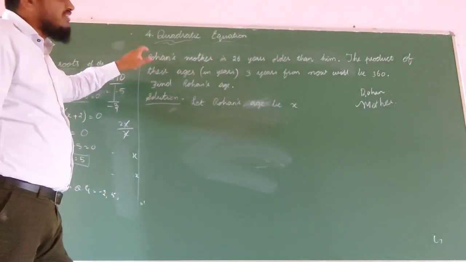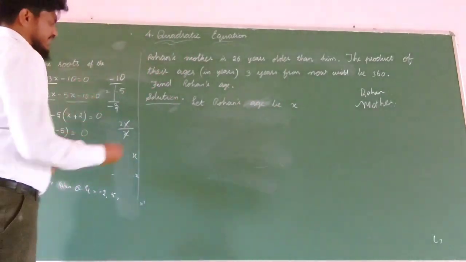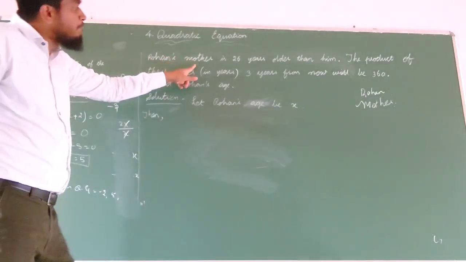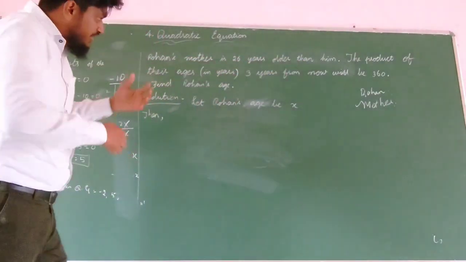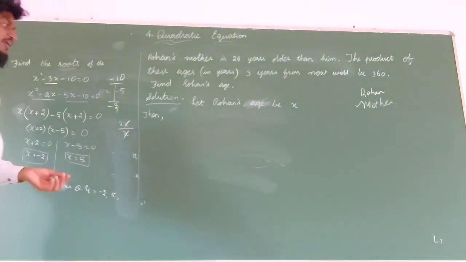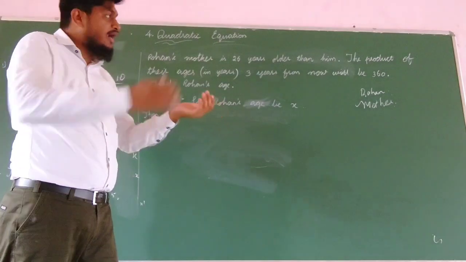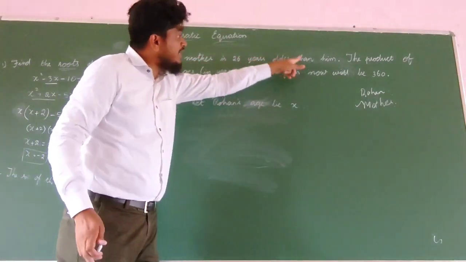Okay, now come to the first sentence. From this x, we can find the first sentence. Rohan's mother is 26 years older than him. What does it mean? For example, if Rohan is 5, what about his mother? We have to add 5 plus 26, because we know that she is 26 years older than him.